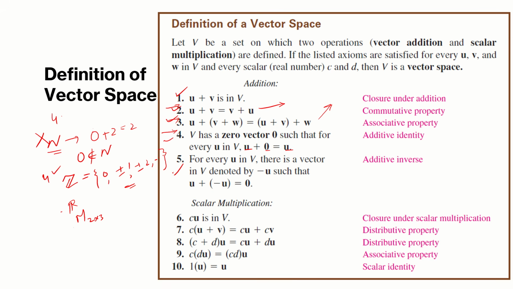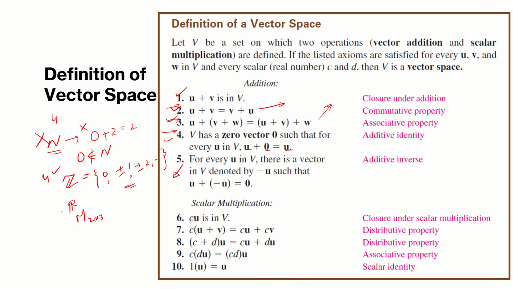The fifth property is that for any vector, or for any element u in V, there must be its negative, and that also should belong to the set V. Like in this case, natural numbers again don't satisfy, but don't recheck that. Once we concluded that N is not a vector space, you don't need to check the rest of the properties.